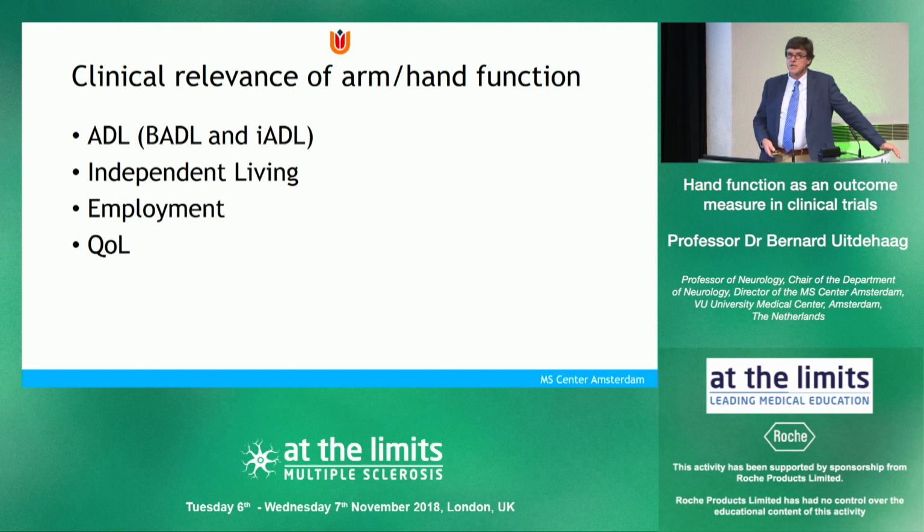It's important for independent living, and it's also related to employment. It's not only that aspect of MS, there's also cognition, fatigue and other things, but apart from that, arm and hand function is related to employment or unemployment, and it has a huge impact on quality of life.